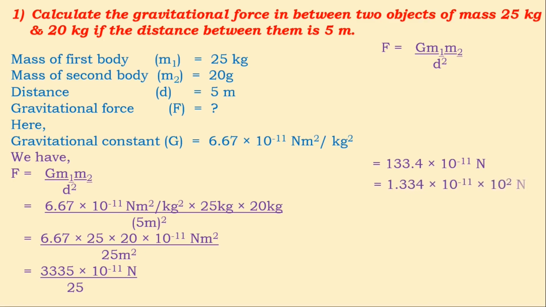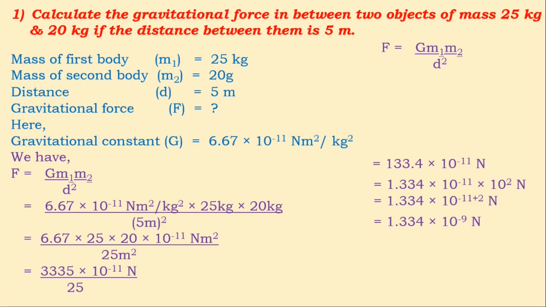So we can write it this way: 1.334 into 10 to the power minus 11 into 10 square. It means we are multiplying with 100, and Newton remains the same. Now next step, 1.334 remains the same, 10 to the power minus 11 plus 2 Newton. If the base is the same, then powers can be added or subtracted. Minus 11 plus 2, it means 1.334 into 10 to the power minus 9 is the final answer.